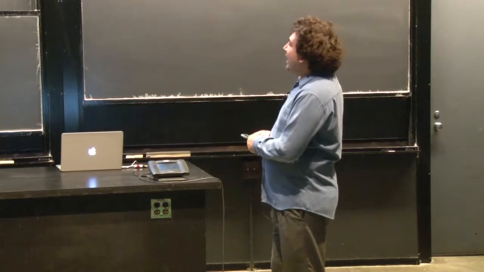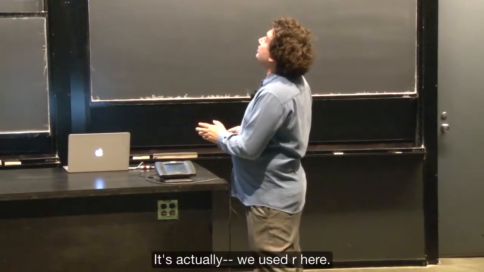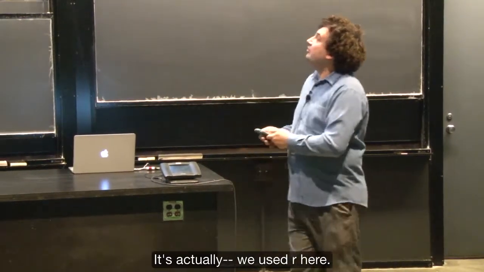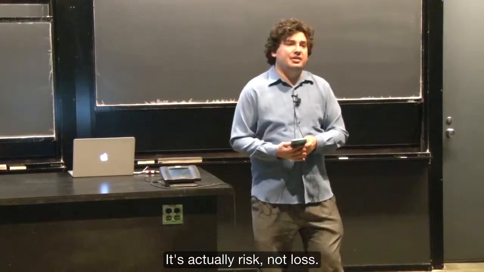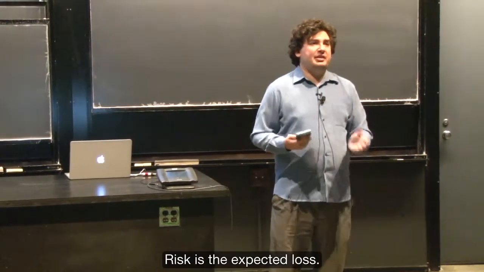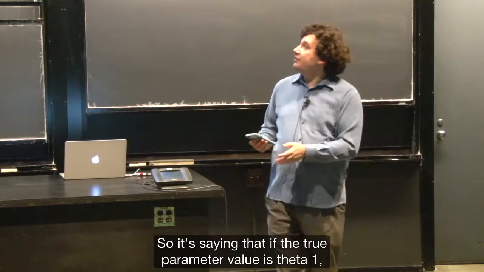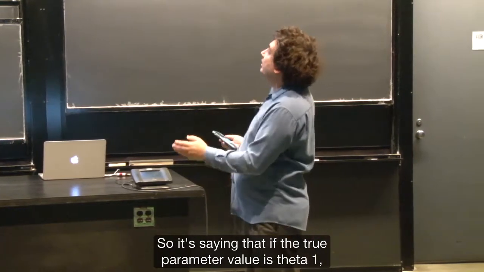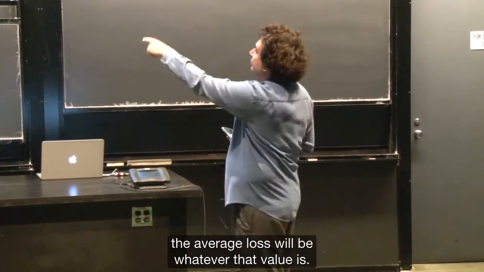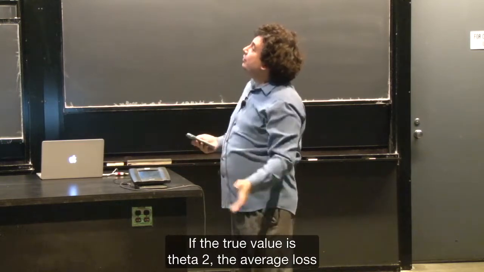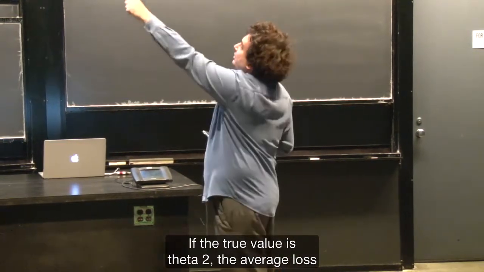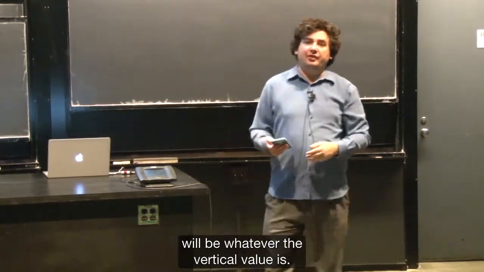Actually, we used R here. It's actually risk, not loss. Risk is the expected loss. So it's saying that if the true parameter value is theta 1, the average loss will be whatever that value is. If the true value is theta 2, the average loss will be whatever the vertical value is.